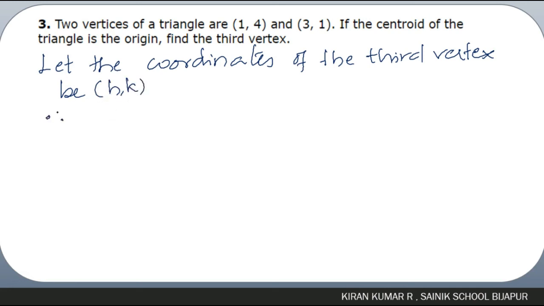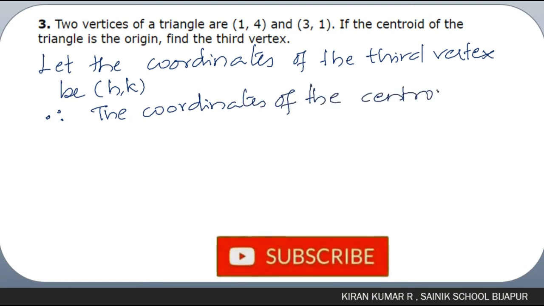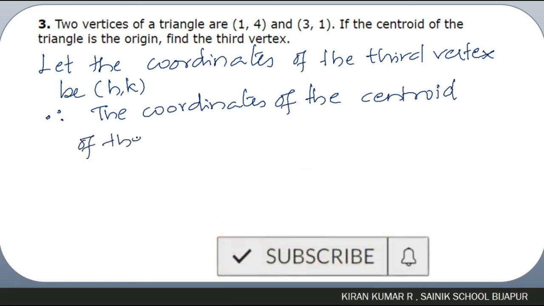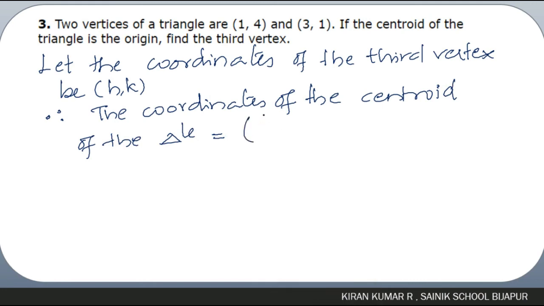Therefore, the coordinates of the centroid of the triangle will be 1 plus 3 plus h divided by 3, 4 plus 1 plus k divided by 3.